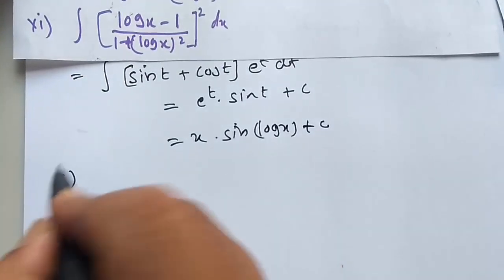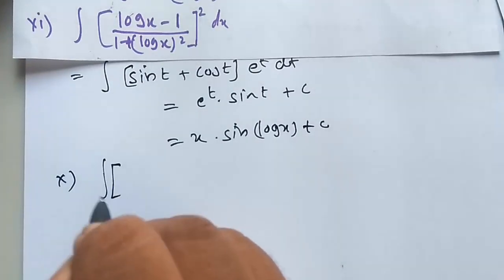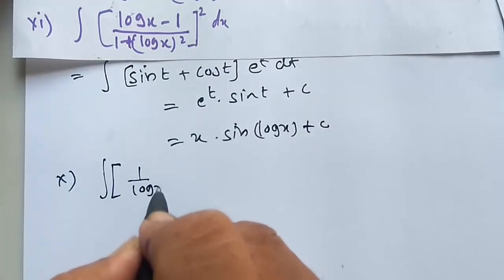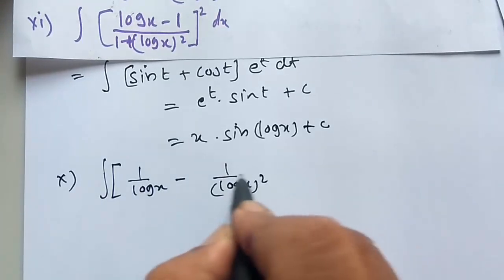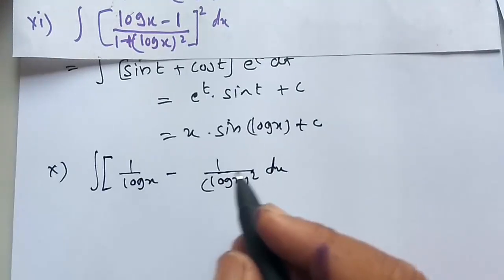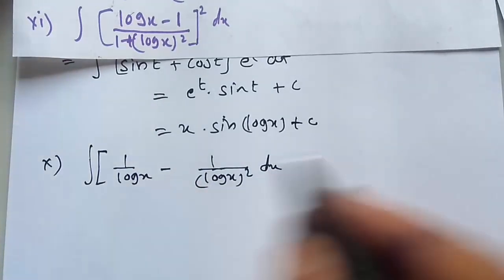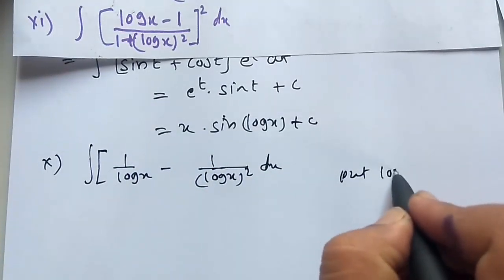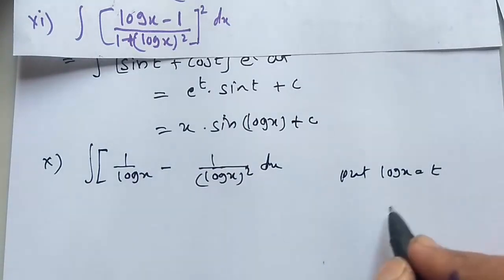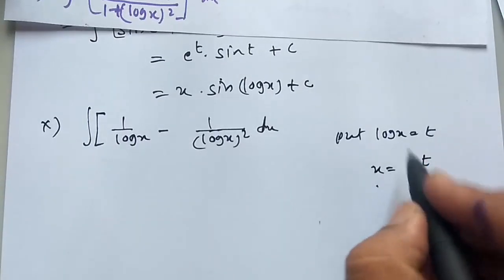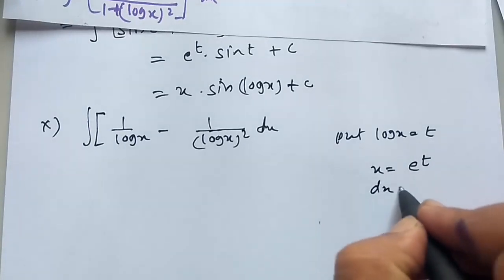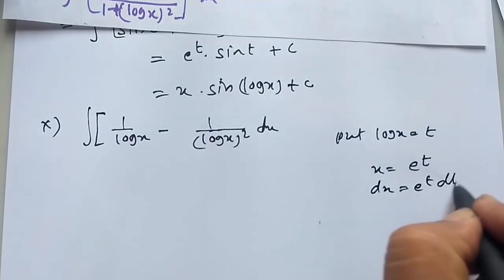Now next example, integration of (1 upon log x minus 1 upon (log x)^2) dx. Now put log x is equal to t. Therefore, x is equal to e raised to t. Differentiating with respect to t, dx is equal to e raised to t dt.